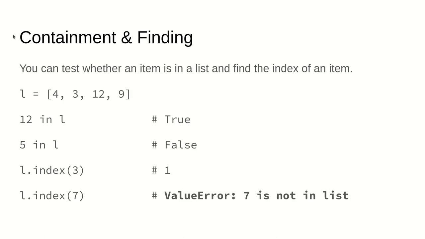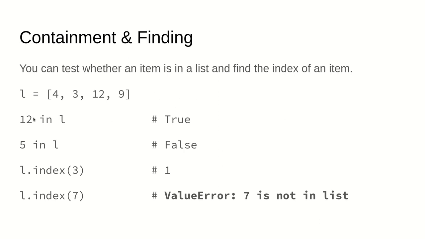We can also check for containment, and we can specifically find the index of values inside of our list. So I can ask for the index of 3 in my list, for instance, and it will tell me that 3 is at index 1. I can ask if things are in my list, and it will give me back a true or false.